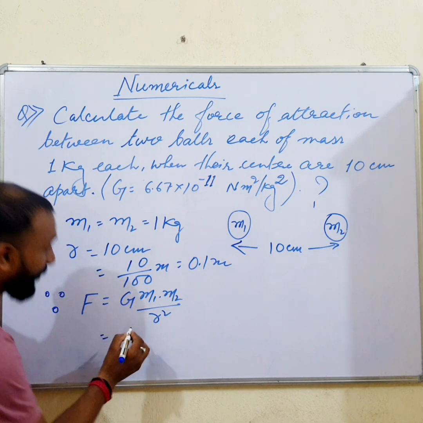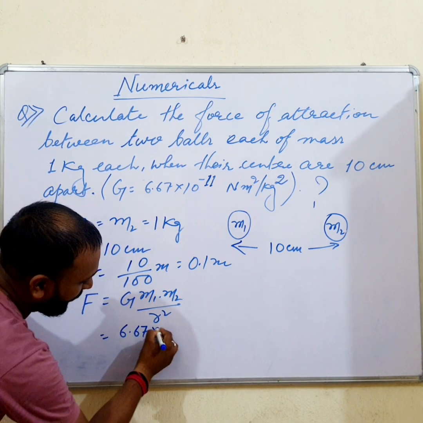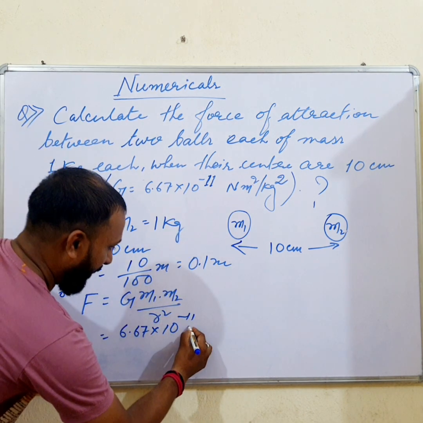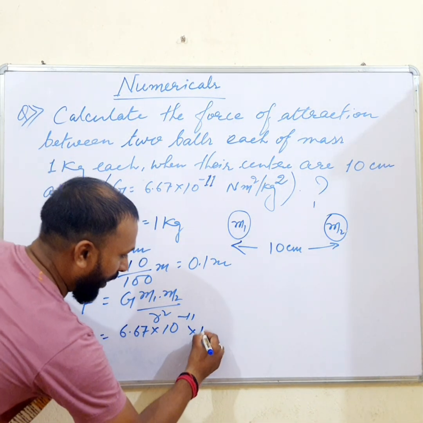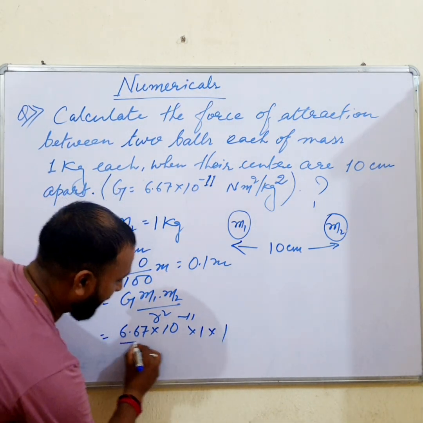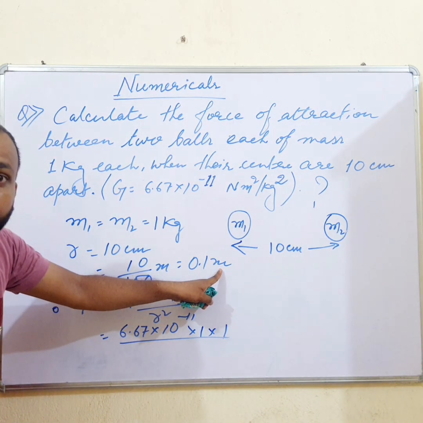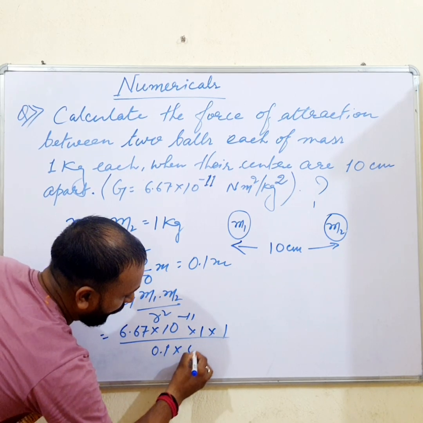Now the value of G is given, that is 6.67 into 10 to the power minus 11, into m1 m2, both are 1 kg, so 1 into 1, and radius r is given as 0.1 meter, that means 0.1 into 0.1.